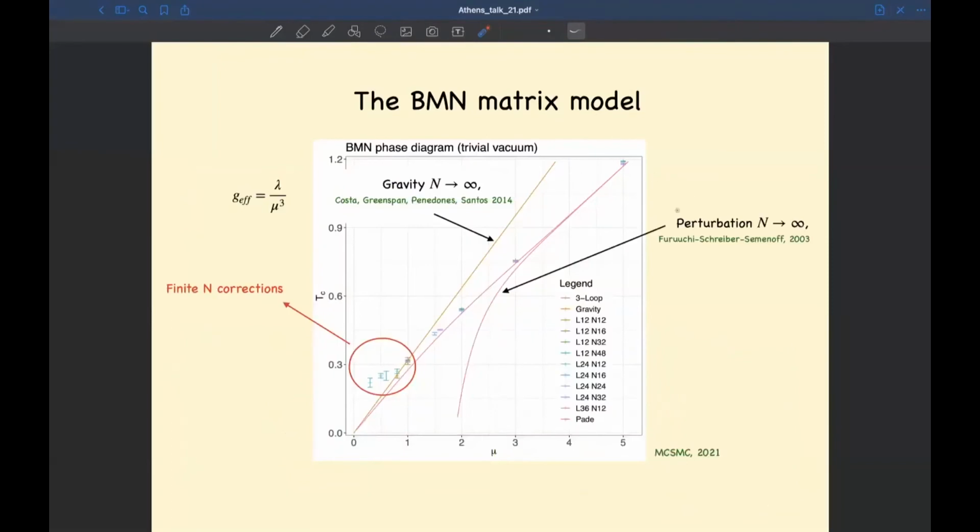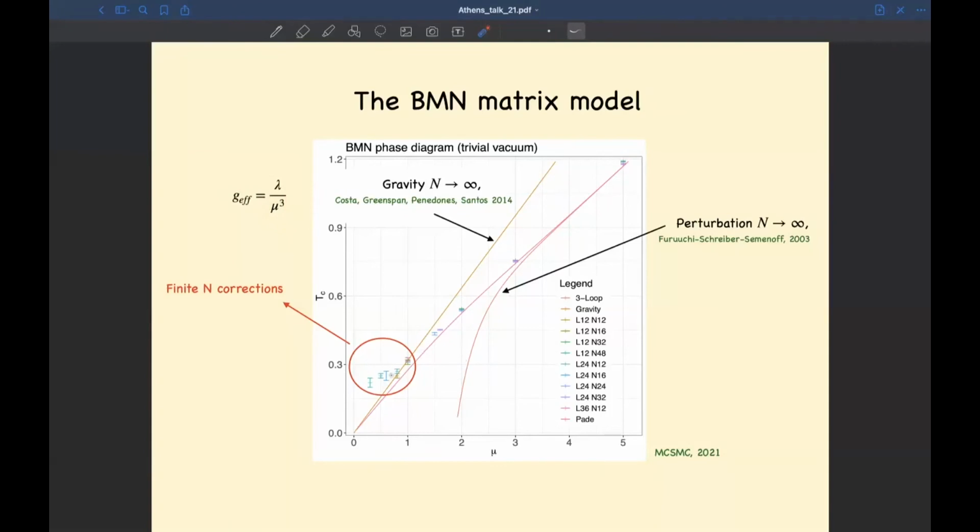And what we also checked is we wanted to compare our results with perturbative calculations at N infinity, which is given by this line here, and also compare with gravity at large N. Remember that as we send mu to 0, we should approach the gravity side because this G effective becomes large.